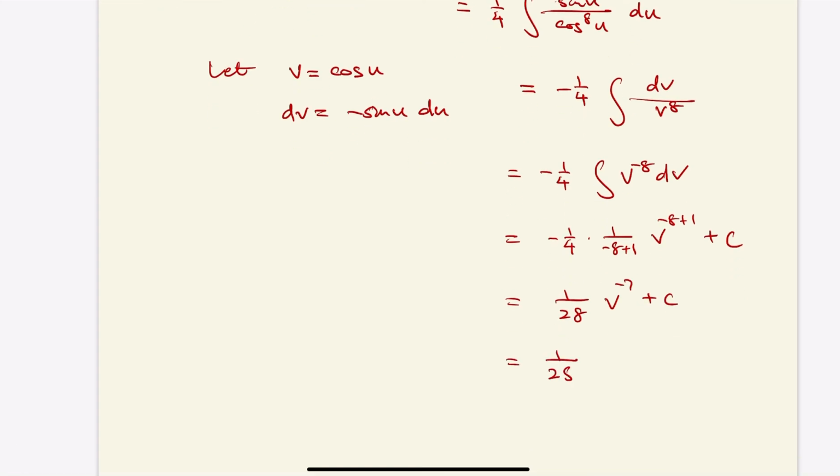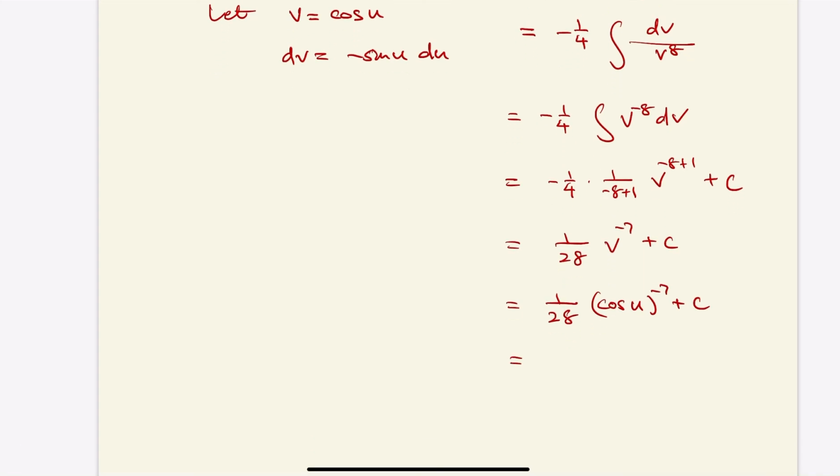1 over 28. v was cosine u. So that becomes 1 over 28 times 1 over cosine to the 7th power u plus c.